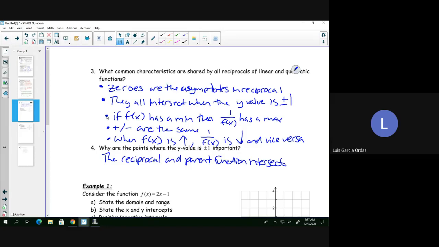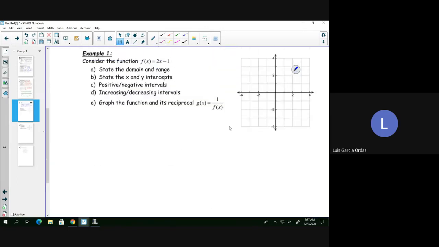So hopefully this helps you plot out these graphs when we actually learn how to plot them without using the technology part of it.